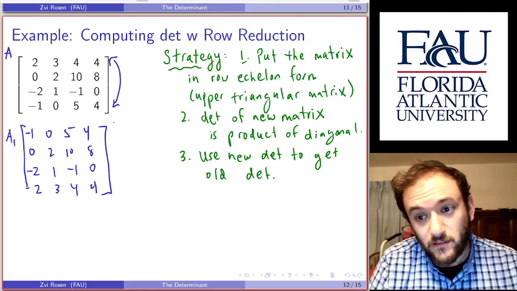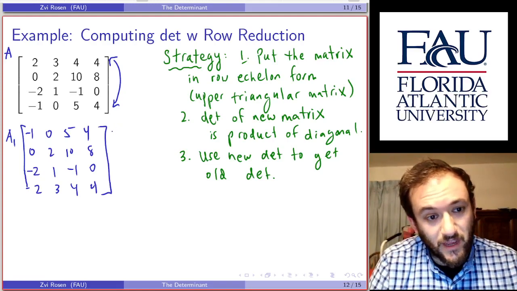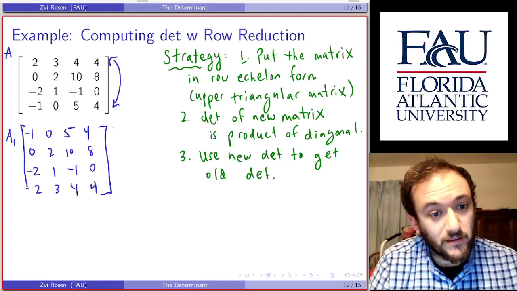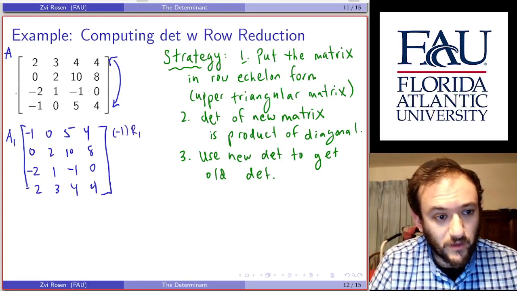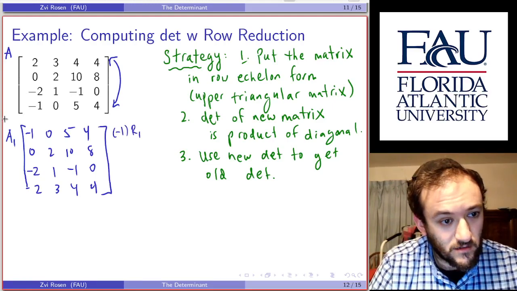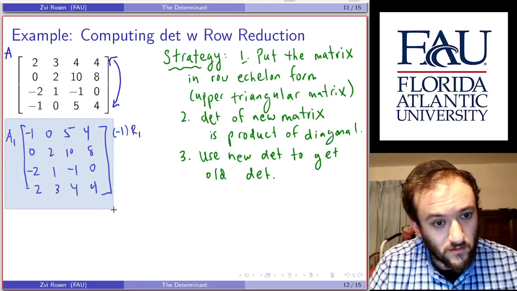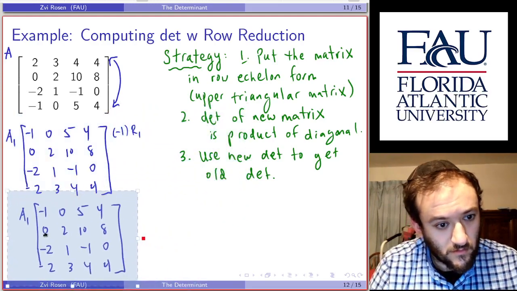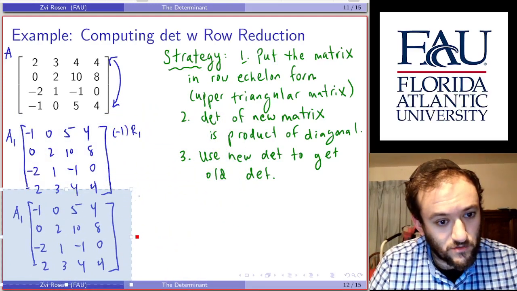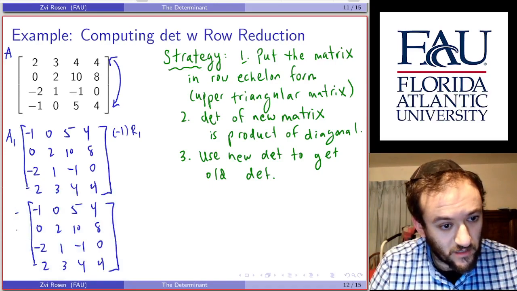Then we scale the first row of A1 by -1, and we get A2.